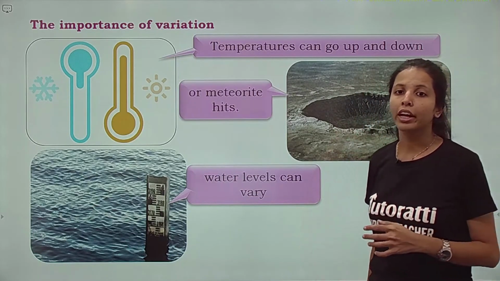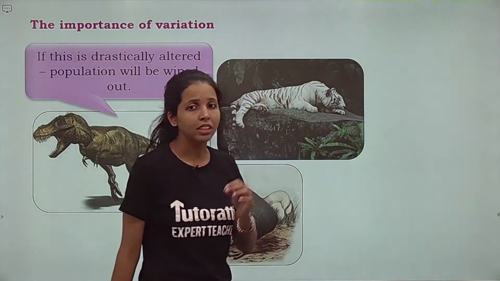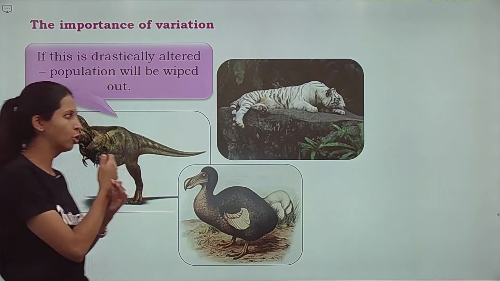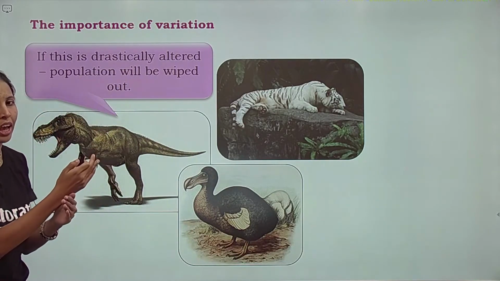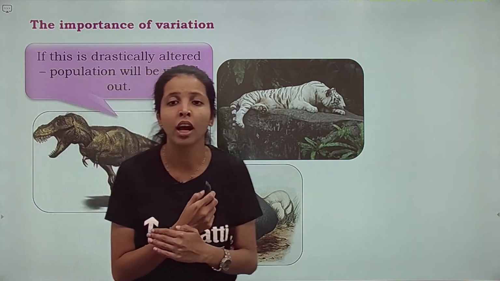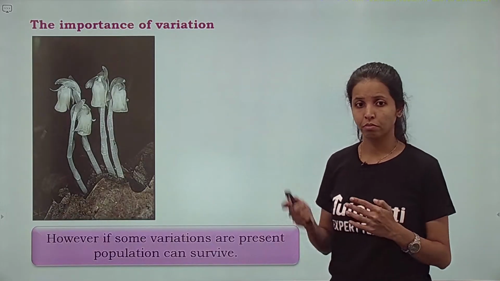Also, a meteorite could hit. Because of all these, kids, if this is drastically happening, the population might be wiped out. You all must have heard of this organism. कैसे day by day उनका population affect हो रहा है because of the changes which are out of their control.